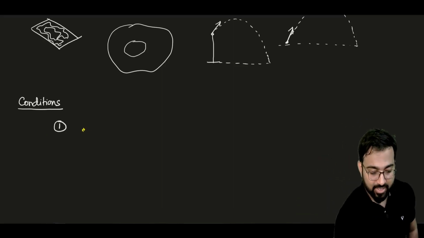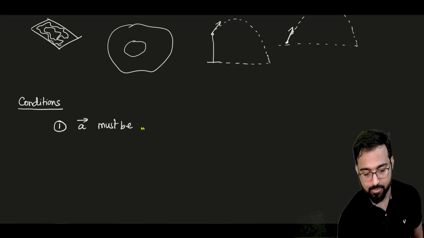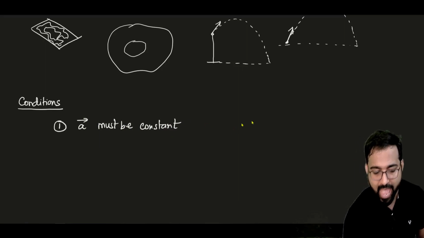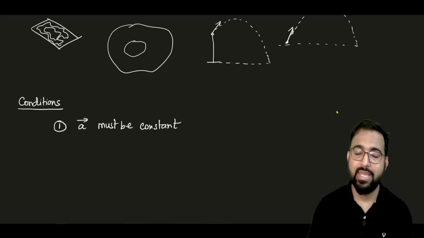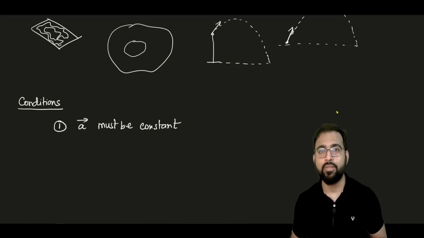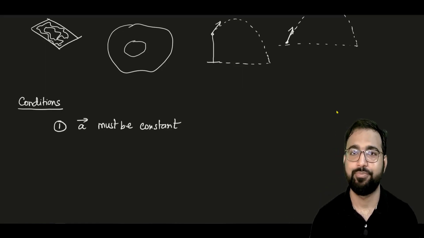The first condition is acceleration must be constant. The acceleration of the body which is undergoing projectile motion must be constant. The acceleration cannot be a variable.